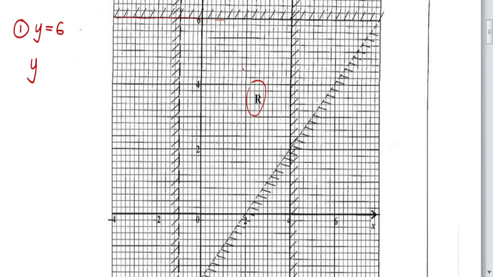So this is the less side. What they've shaded is above, but R is here, so it is less than. Since the line is a solid line, we also put equal to. So y is less than or equal to 6. That's the first inequality that we've discovered.